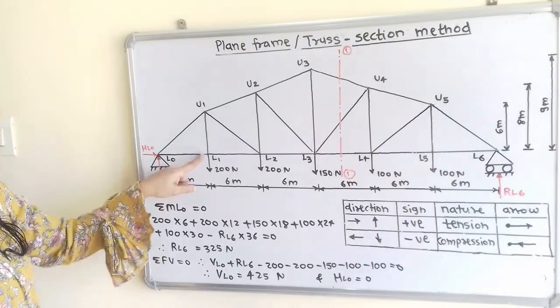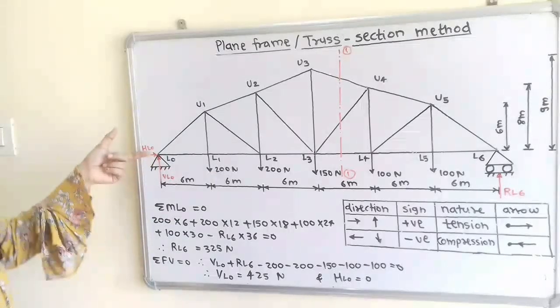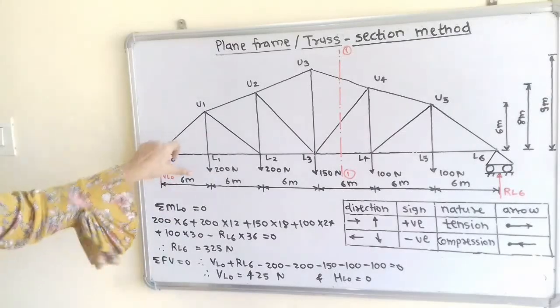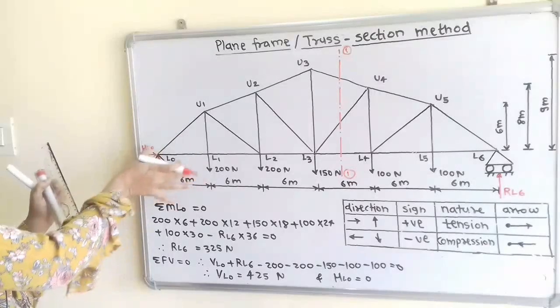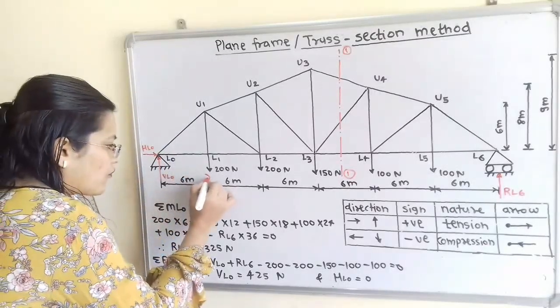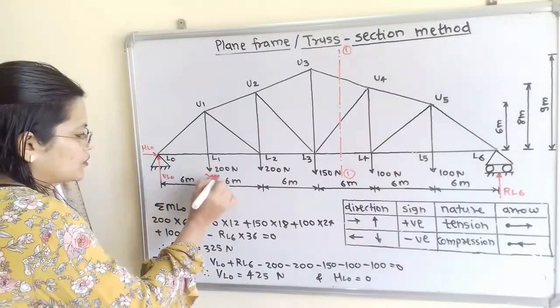The moments of HL0 and VL0 become 0 because these two forces act at point L0. Now, how to take the moment of these 200 Newton forces? If I move the compass about point L0 in the direction of the 200 Newton force, that is the downward direction, it is clockwise. For the clockwise direction we take a positive sign.